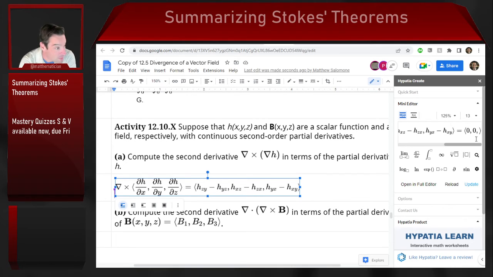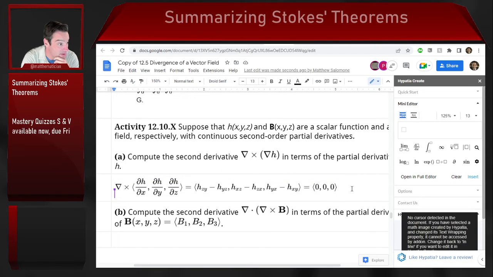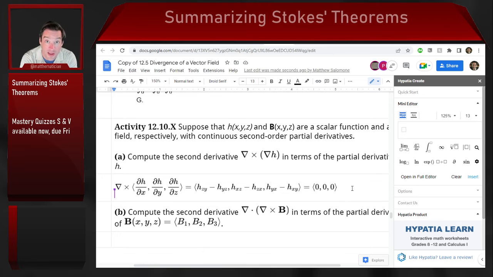The third entry, h_yx minus h_xy, 0. And so when I do the curl of the gradient of something, as long as that something has components which have continuous second order partial derivatives, Clairaut's theorem of equality of mixed partials tells us that those mixed partial derivatives are equal to one another, and so when I subtract them, they vanish.